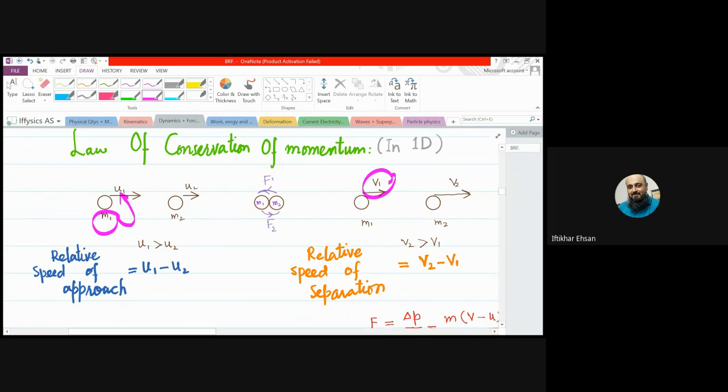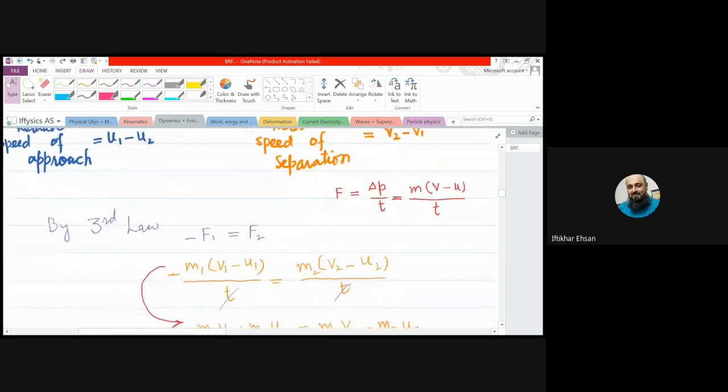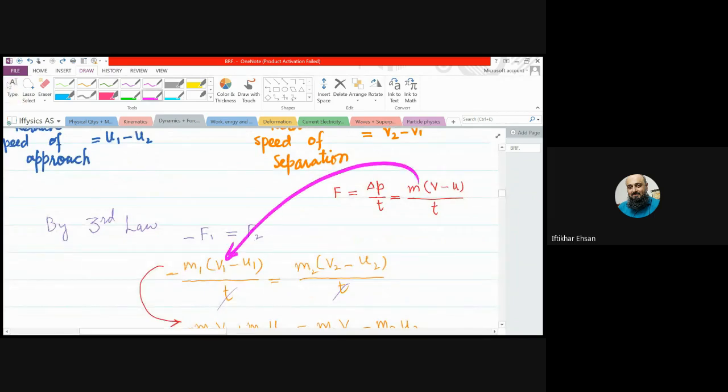Means for the first object, all the values were with 1, so we write the same values here with 1 with each quantity.